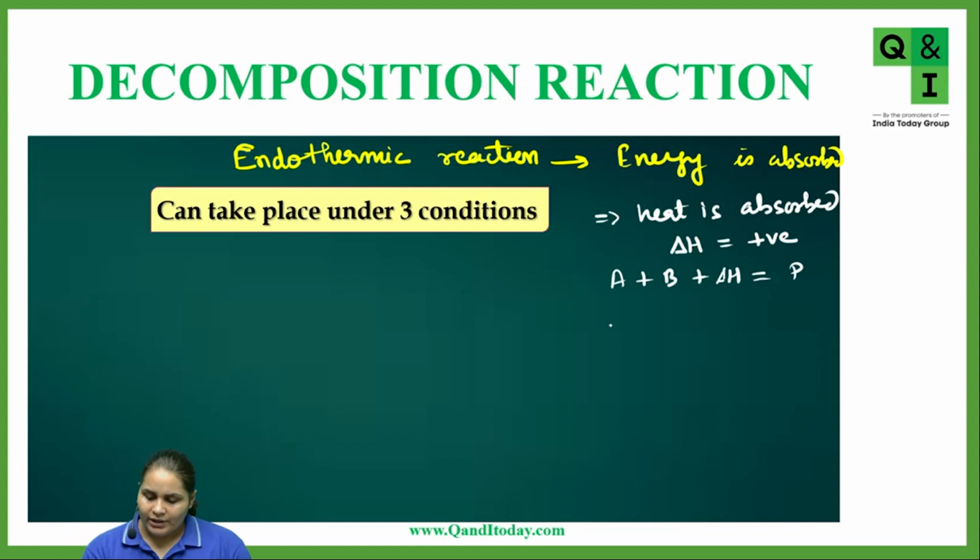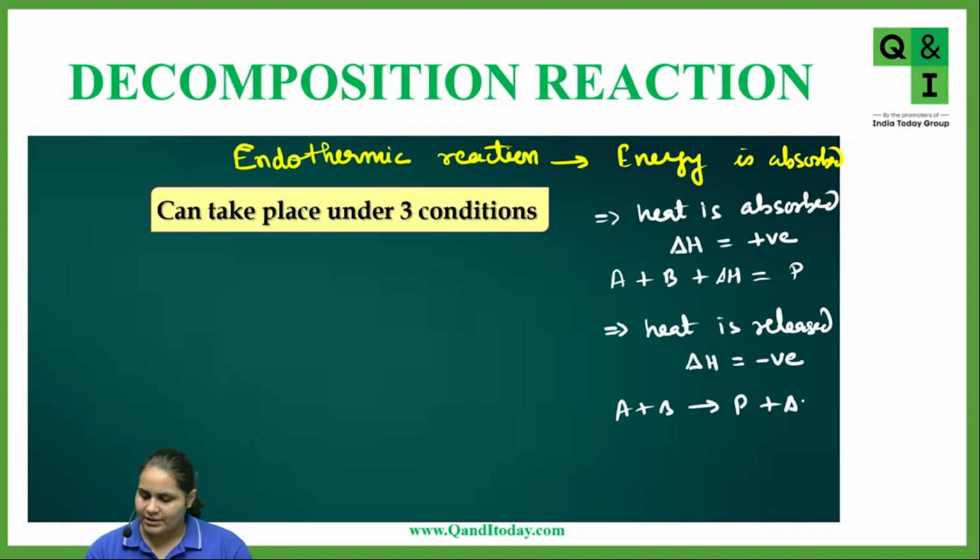Whereas when heat is released during a reaction, we write del H is equal to negative, and we write it like this: A plus B gives P plus del H, which means heat is released, energy is released during the reaction.